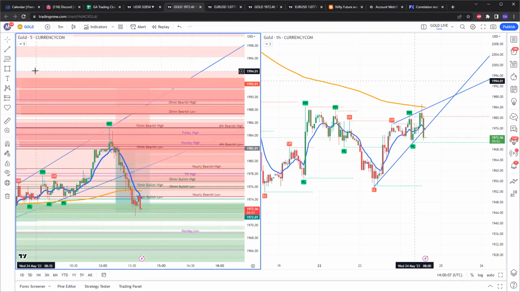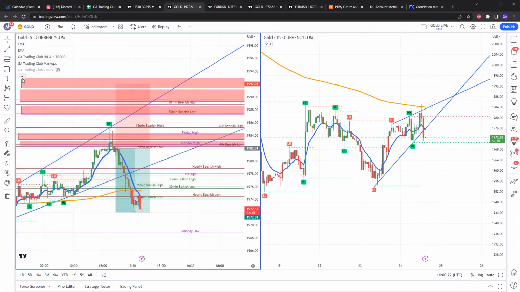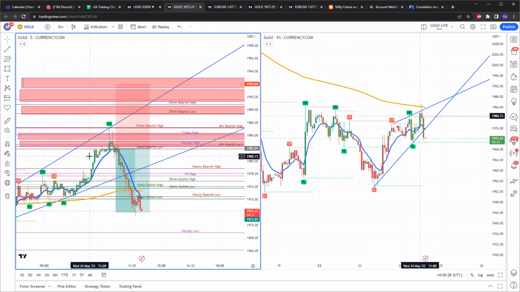In this case, where are the institutions or banks having their orders? That's what's highlighted with the darker shades. So this tells me this is where more sellers are, and here, and here.